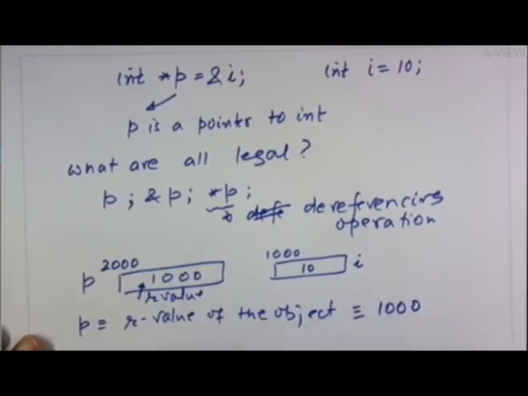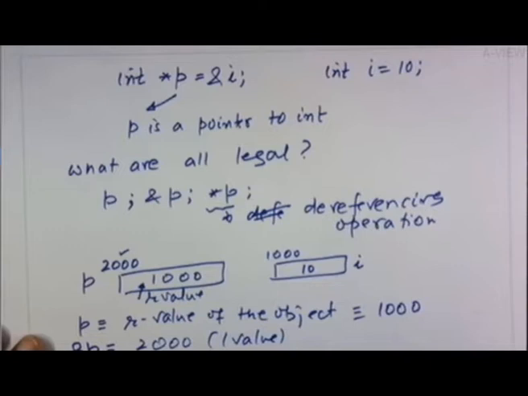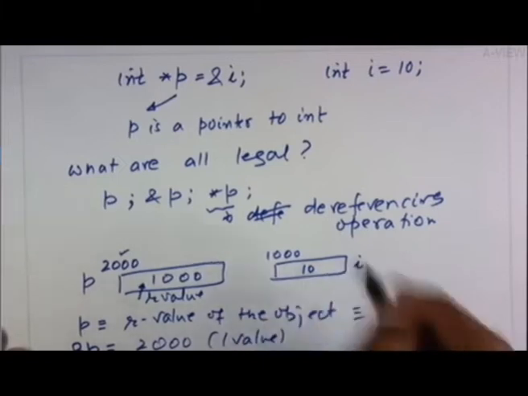When you say give me &p, you are asking where p is stored. That's 2000. This is the L value. The only thing I have to introduce is what is *p. Now *p says dereference p. If you have a pointer, you can use *p, because this is an address, and I can go to the object inside the address.